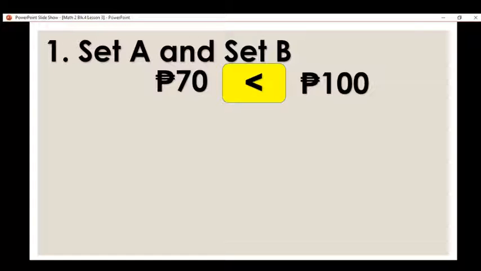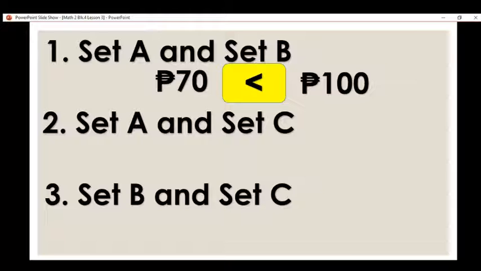Very good. Now it's your turn to answer number 2 and number 3. I want you to pause the video and answer the following sets so we can compare and find out our answer. Time is up, everybody. I guess everybody is done answering number 2 and number 3.